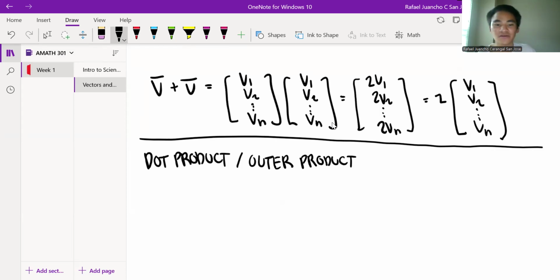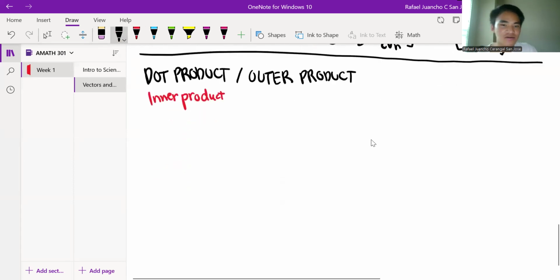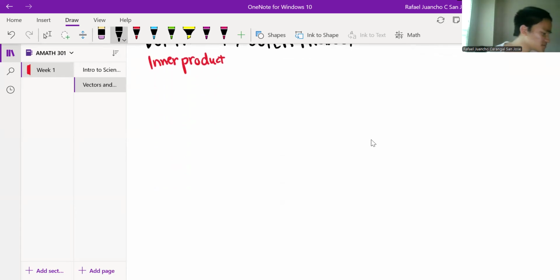Fun fact, the dot product is also known as the inner product. And so we have an outer product. Very original. Okay, so for the dot product, if you were watching my calculus course, we're getting the dot product of two vectors.